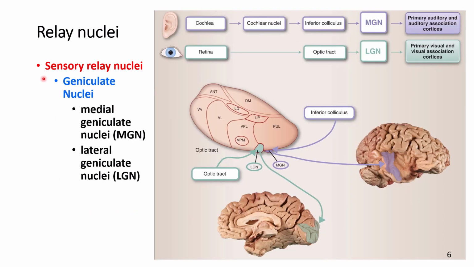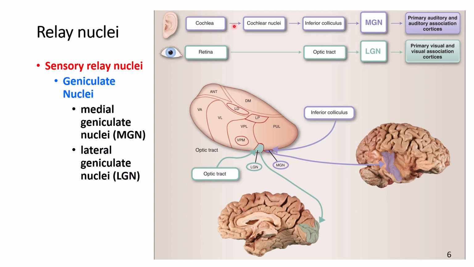We are still in the sensory relay nuclei. These are the special sensory geniculate nuclei. One is the medial geniculate nucleus, and the other one is the lateral geniculate nucleus. Starting with the auditory system, there are hair cells in the cochlea, and that goes to the spiral ganglion, which is not shown here.